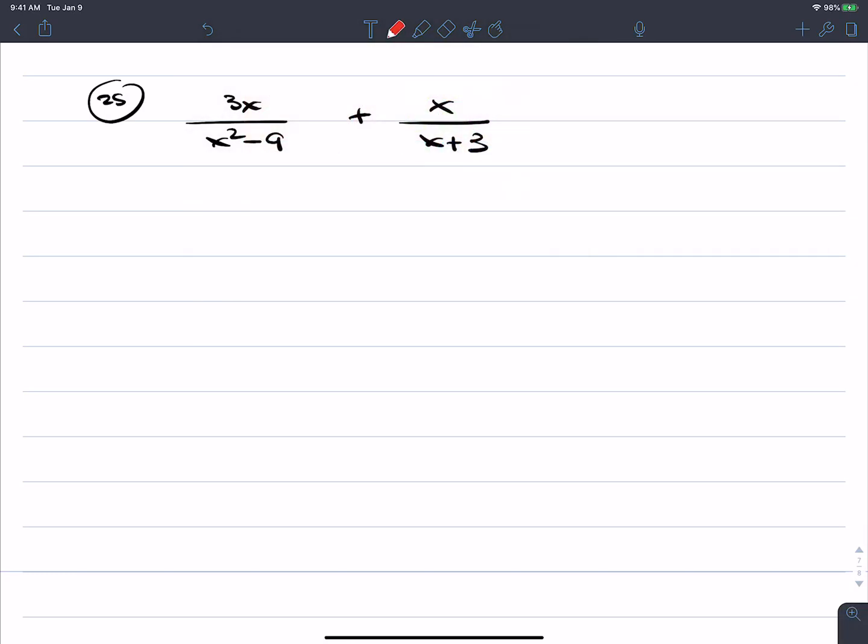Remember, these fractions are not like. The denominators have to be factored. This one is prime, x plus 3. But the first denominator is a difference of perfect squares. We can write that as x plus 3 times x minus 3. So now we need the LCM of x plus 3 times x minus 3 and x plus 3.